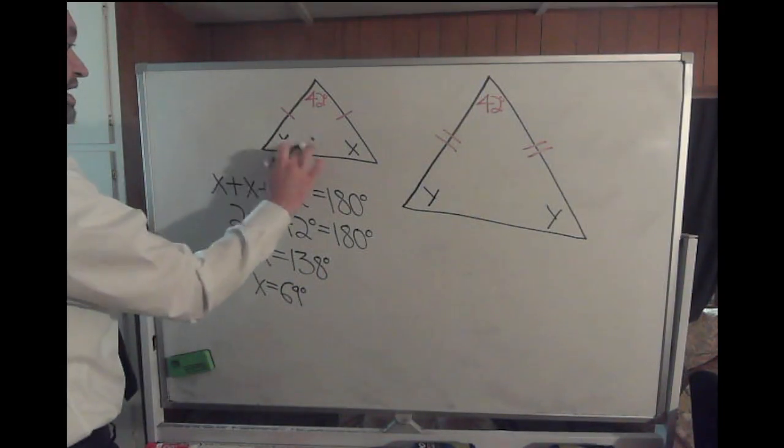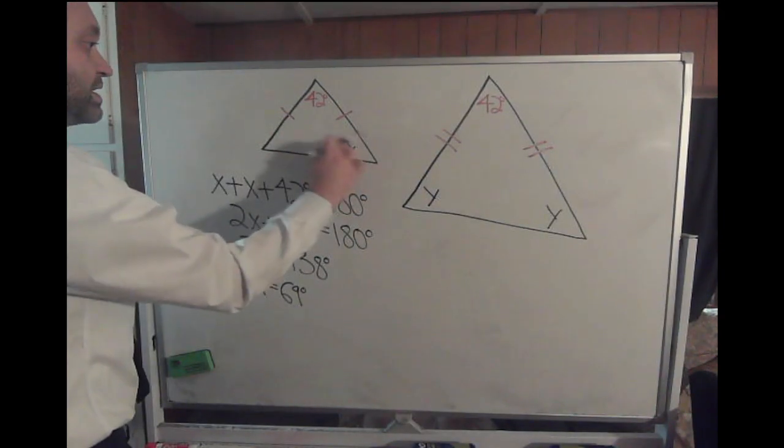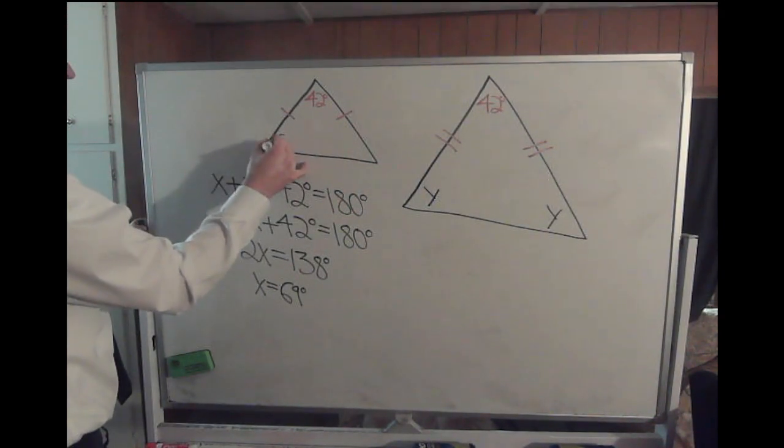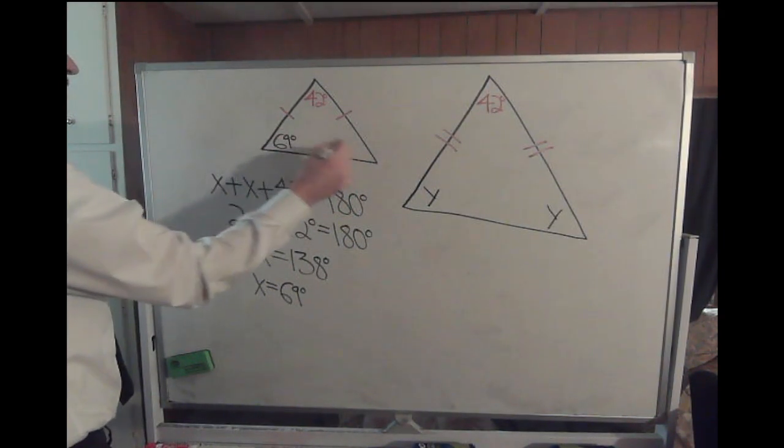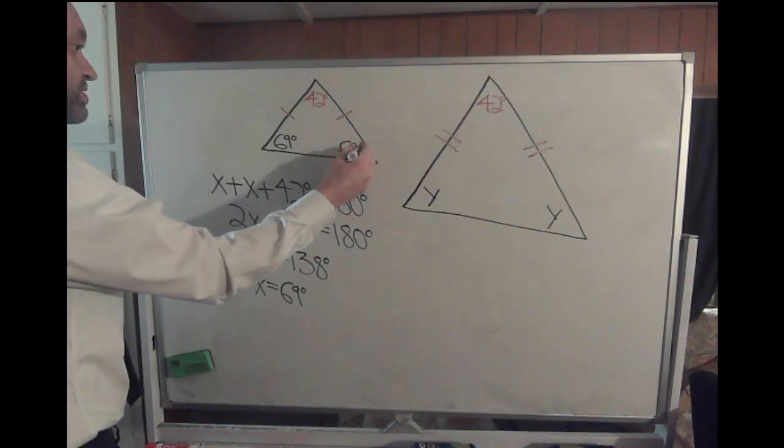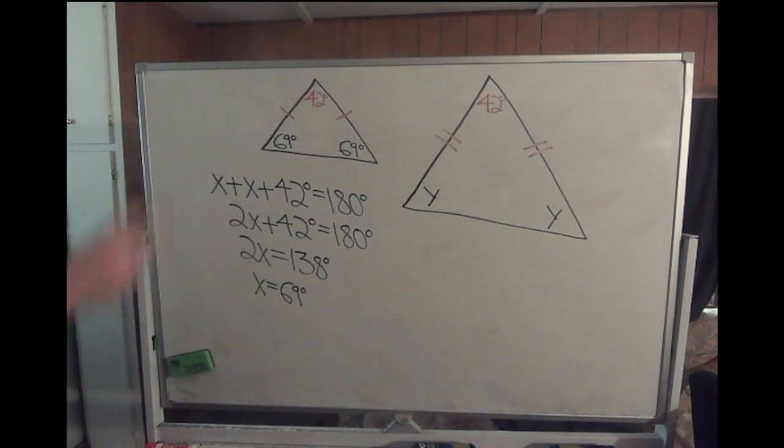So now we can identify that both of these angles in this isosceles triangle have 69-degree angles. Okay, so what about this one?